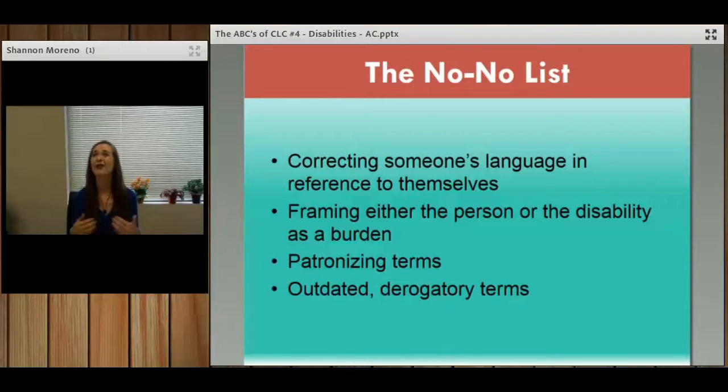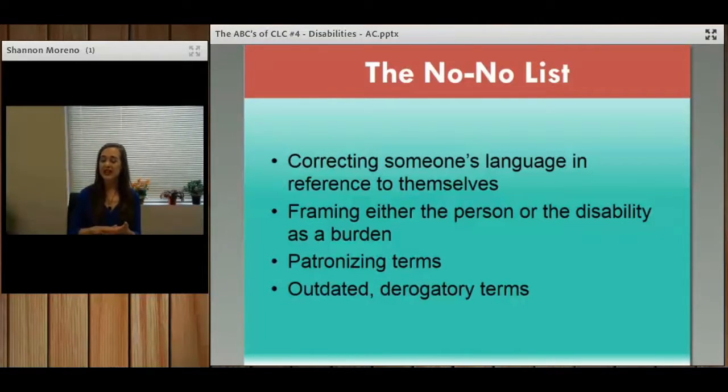People hate that. Everyone hates that. I hate being patronized. I don't know anyone who likes being patronized, either to my face or about me. Nobody likes that. It doesn't matter if you have a disability or not. You don't like that. So let's not do it to folks, right?